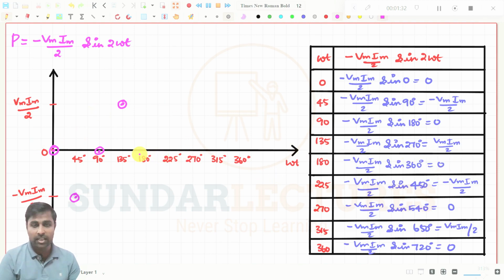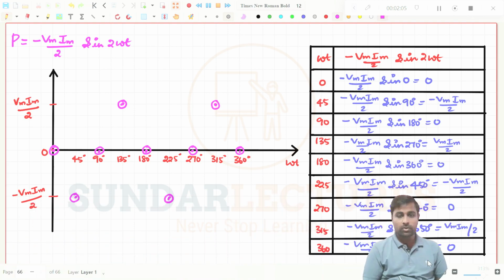At 225 degree it becomes minus Vm Im by 2, and at 270 degree again it becomes 0. At 315 degree it becomes positive Vm Im by 2, and at 360 degree again it becomes 0.